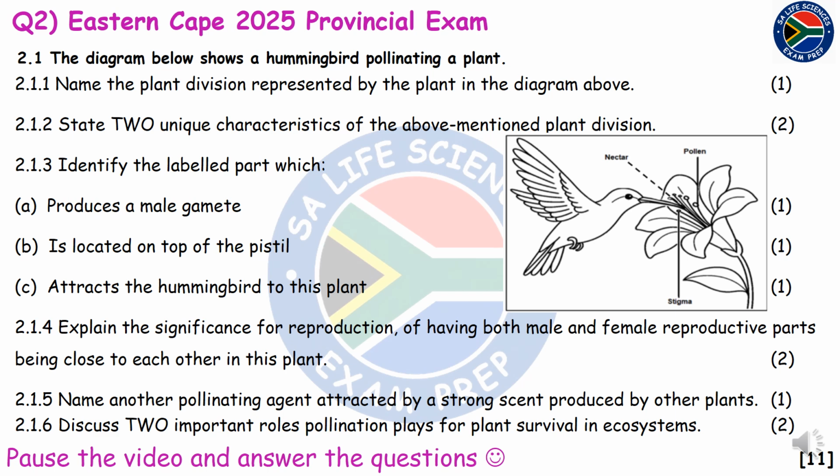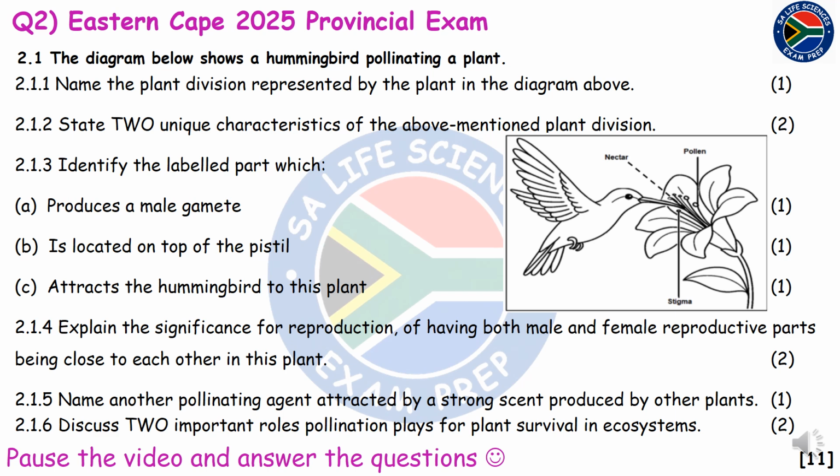Question 2.1 shows us a diagram with a hummingbird pollinating a plant. In this image, we can see that there is pollen, a stigma, and nectar. Note that the pollen is part of the male reproductive organ and it contains the male gamete.